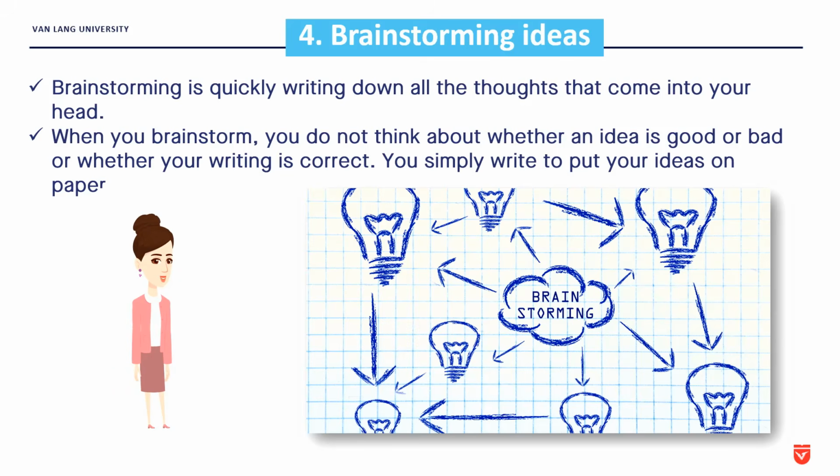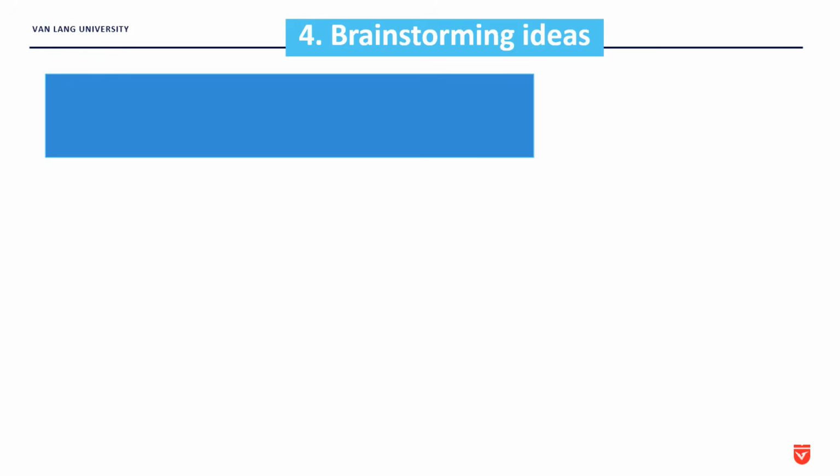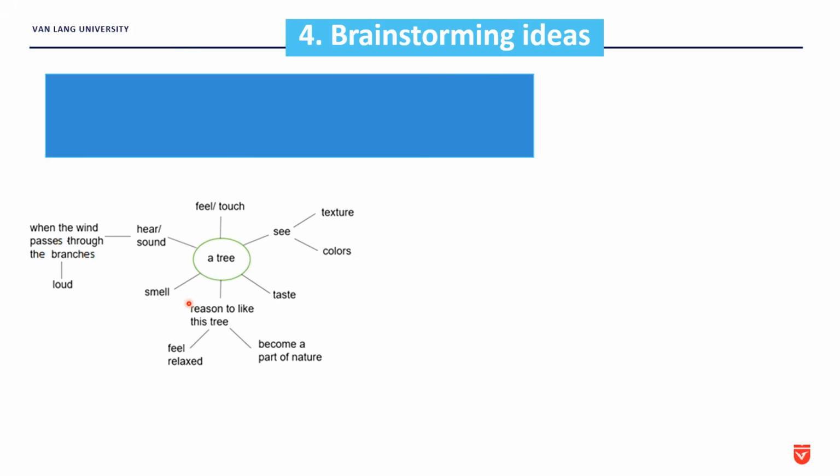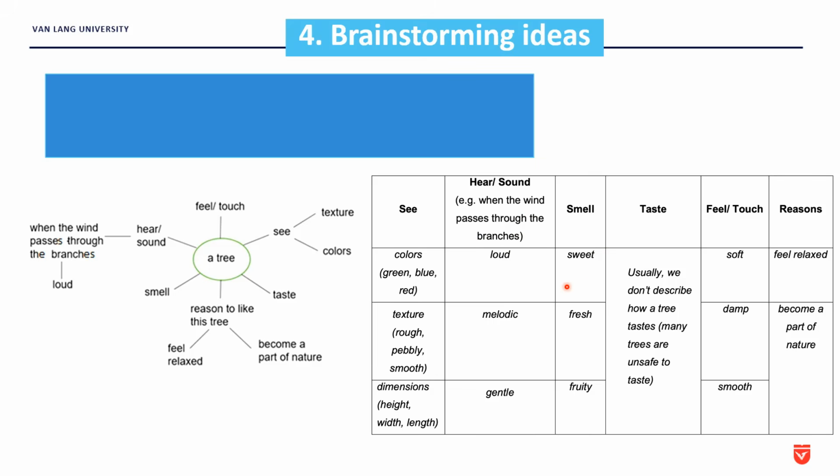You can brainstorm your ideas in the form of a mind map like this. Or you can brainstorm your ideas in the form of a table like this. So here's an example. Describe a tree in a public park near your house.